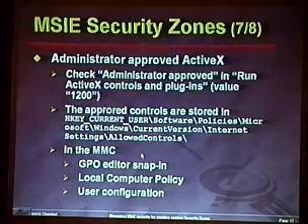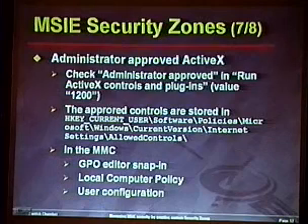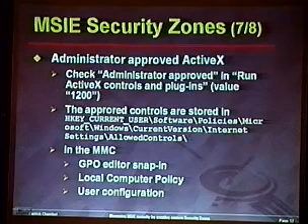Now, administrator approved ActiveX. You know that you have 4 choices to execute or not ActiveXs in your IE. So you can prompt the user to execute or not ActiveX, you can forbid any ActiveX, you can execute any ActiveX, and you can execute only administrator-approved ActiveXs. So where do you specify which ActiveXs are approved or not?